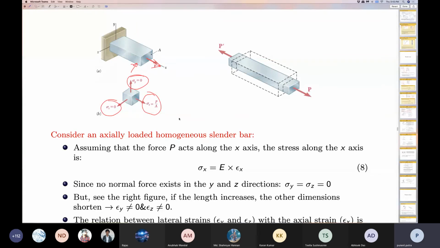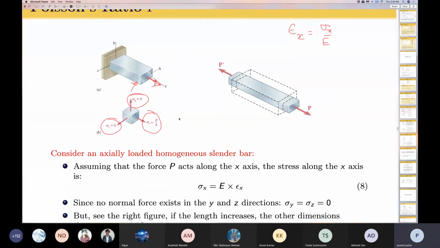If I rewrite my Hooke's law, epsilon x is equal to sigma x by E. But as I just told you, in a rubber band you would observe a shrinkage in the other dimensions. In a similar way, when you pull this bar with the force P, there is going to be a shrinkage along the Z direction and along the Y direction.